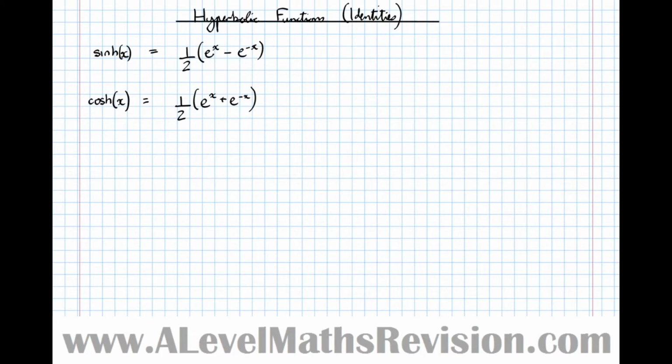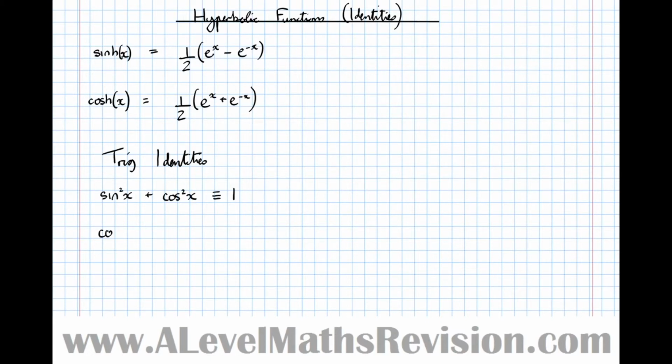So let's put this to the test by writing down all the trig identities that we can. And we'll stick to the ones that you need for the syllabus. So you've got sine squared x plus cos squared x is identical to 1.